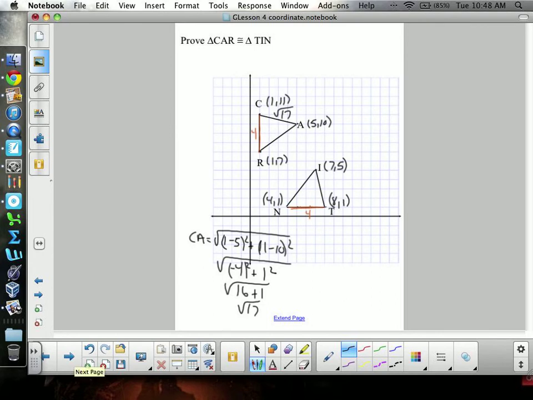That's fine. Which side do I think that's congruent to? I think that's congruent to IT. So maybe over here I'll calculate IT and show my work again. 8 minus 7 squared, 1 minus 5 squared.